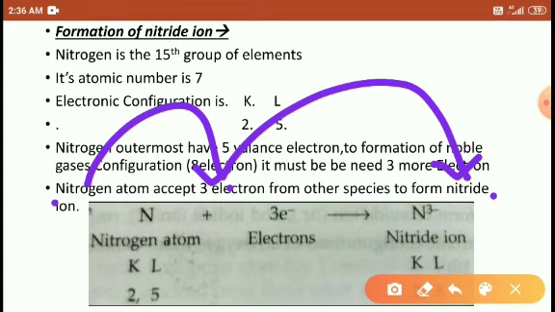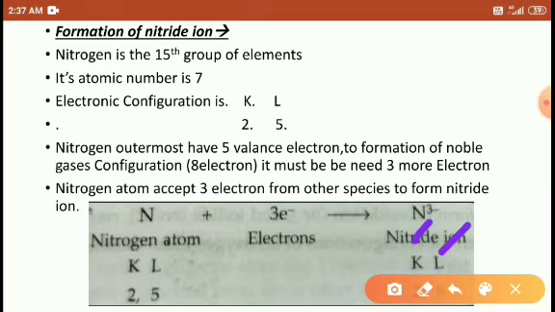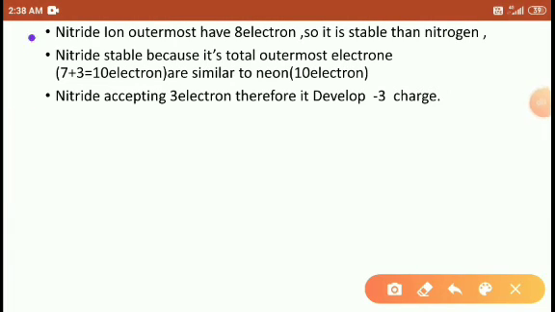So look at the reaction here, students. Nitrogen atom has K2, L5: K shell 2 electrons, L shell 5 electrons. It accepts 3 electrons, and it becomes K2, L8. The nitride ion has outermost 8 electrons, so it is more stable than nitrogen.